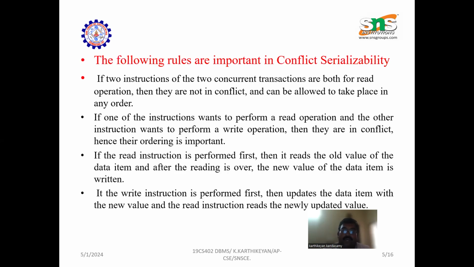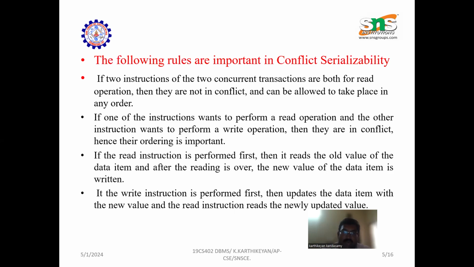The following rules are important for conflict serializability. If two concurrent transactions are both read operations, they do not conflict and can be allowed to take place in any order.